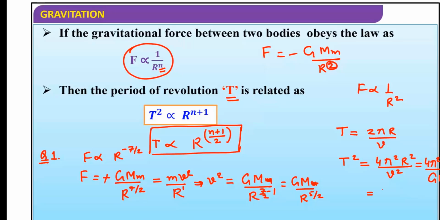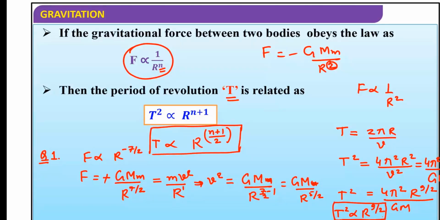Okay, then it will be 4 pi square R raised to, now it will become 4 plus 5, 9, 9 by 2 upon GM. Now you can see T square here is proportional to R raised to 9 by 2. I hope it is clear now.